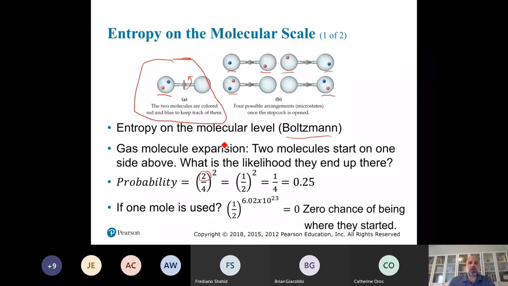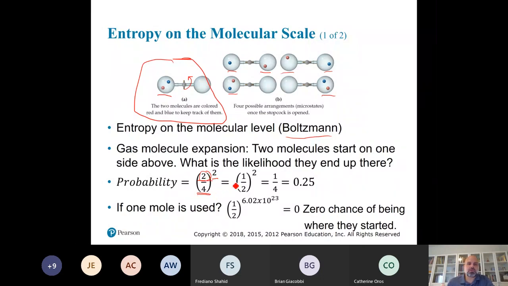So there's two possible balls, and there are four possible microstates that exist. So the likelihood, we're talking about probability. Probability has to do with the number of items that exist divided by the number of positions they could be in, squared.